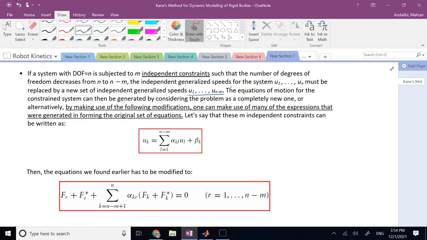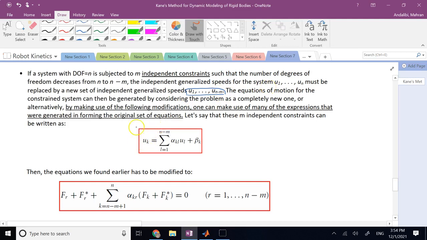If you can find any other generalized speed in the system outside 1 to n minus m, which is basically from n minus m plus 1 all the way to n.